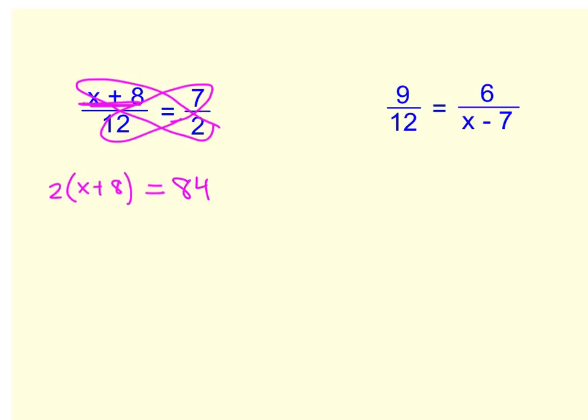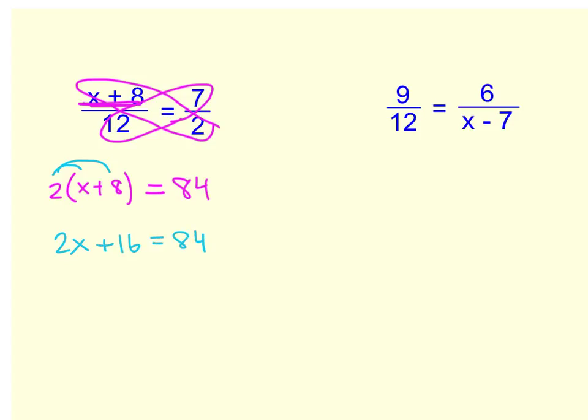And we get 84. So now we don't have fractions, we just have an equation to solve, but with that plus or minus sign, what it gives us is something we have to distribute. So we're going to go ahead and distribute the 2. We're going to do 2 times x, which is 2x, and then 2 times a positive 8, which is a positive 16, equals 84.